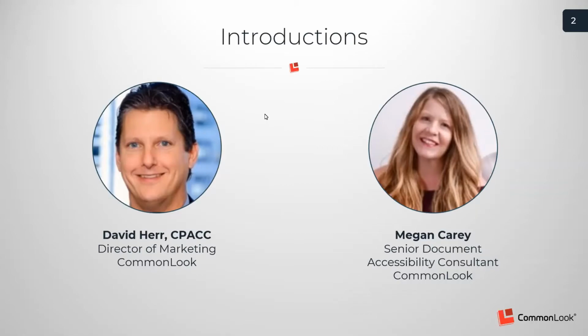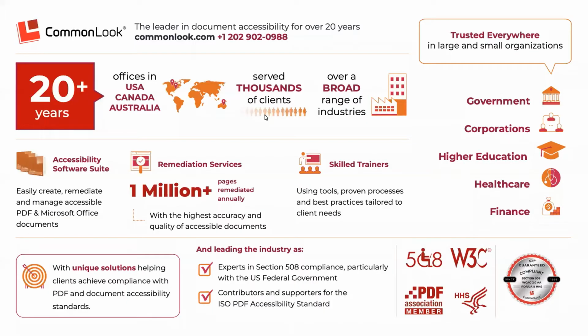Thanks, Dave. Before we dive into our presentation, we always think it's important to talk about who we are and possibly why we're bringing these topics up. To give a little background, if this is your first time attending our webinars, Common Look has been in the PDF accessibility space for a little over 20 years now. We have offices in Arlington, Virginia, Canada, and Australia.